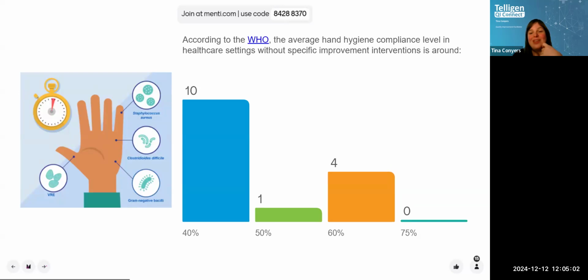So we wouldn't know these things unless we were doing audits, right? Which is why it's so important. We know the assumption: we give education, we assume everybody knows what to do and how to do it, but unless we're auditing, we don't actually know what that outcome is for compliance. Okay, thank you guys so much. We'll head to the next slide.